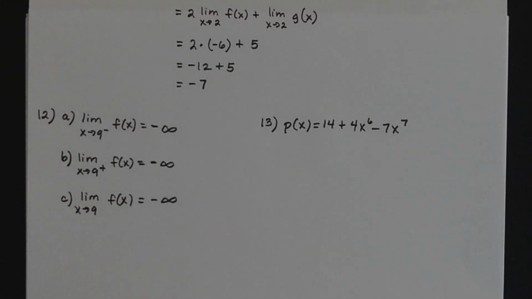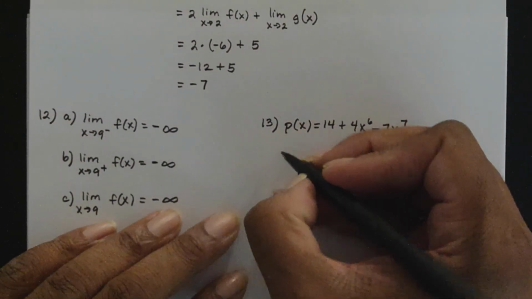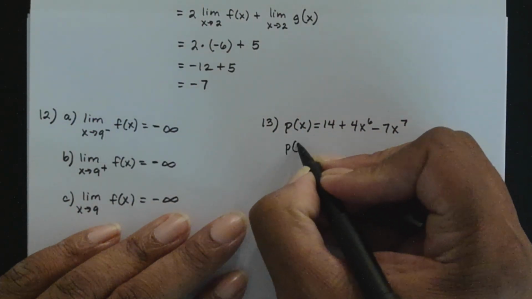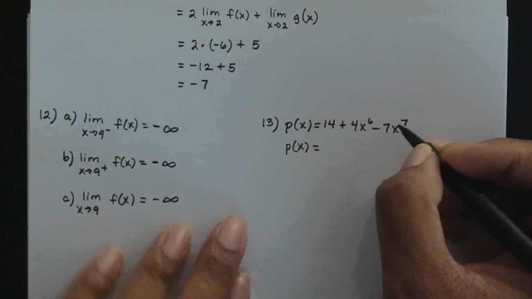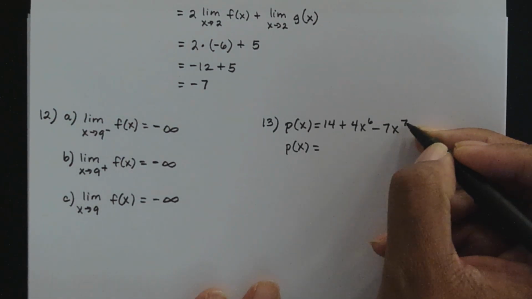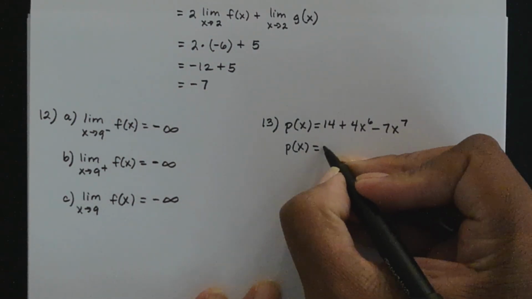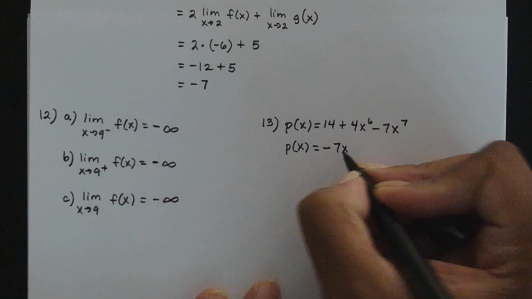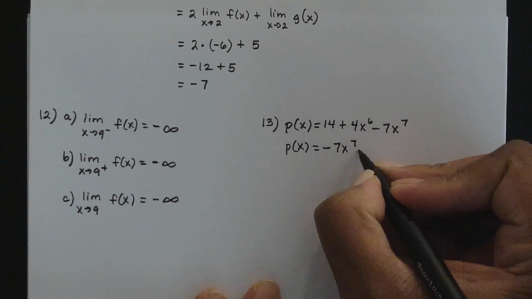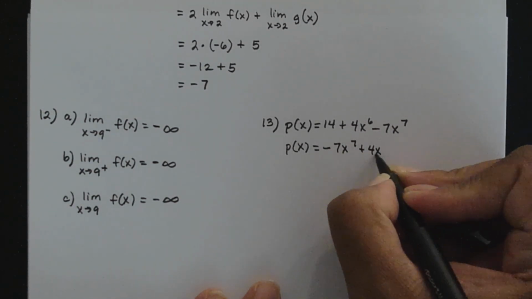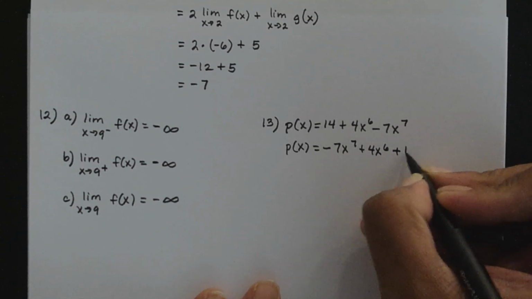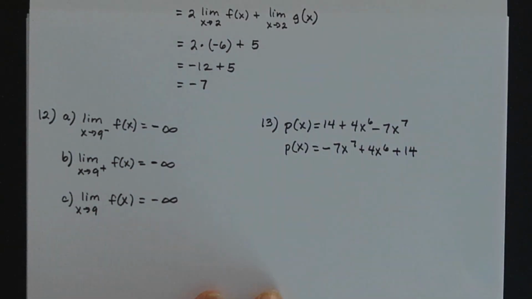Now, before we can find out what that leading term is going to be, we need to put this in descending powers from the highest exponent to the constant term. So that means p of x is equal to this. Here's the highest exponent, which is 7. So that term is negative 7x to the 7th, and then plus 4x to the 6th, and then the constant is your plus 14.